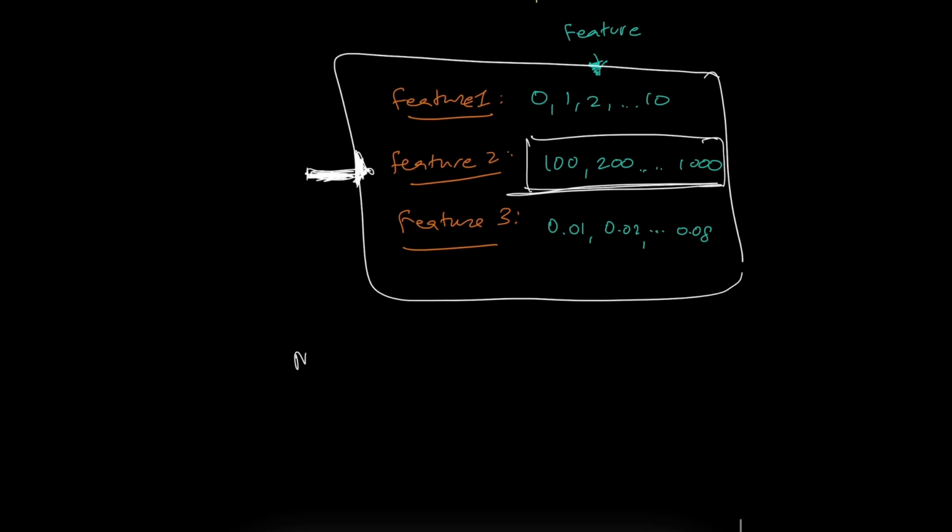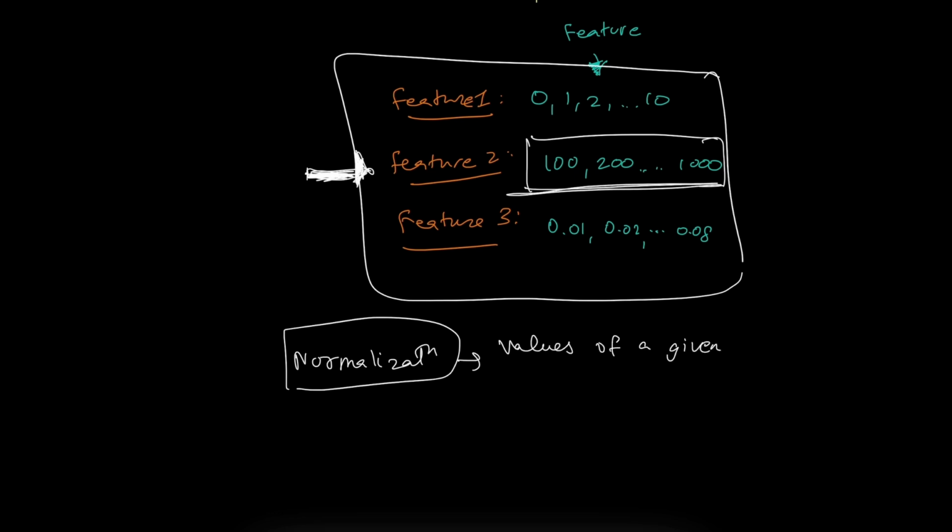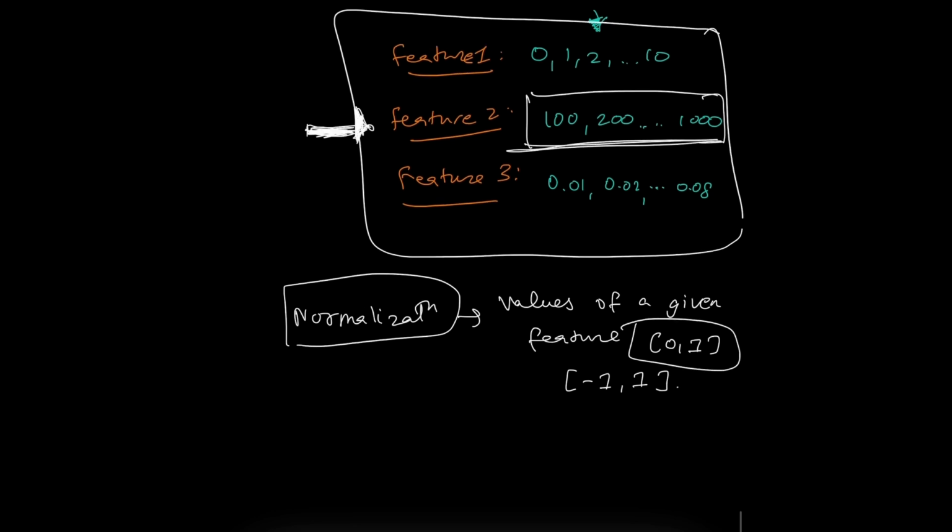And so what normalization basically does is it takes all the values of a given feature and converts it to a specified range, let's say from 0 to 1, or another popular range is -1 to 1. And let's consider 0 to 1 for now.